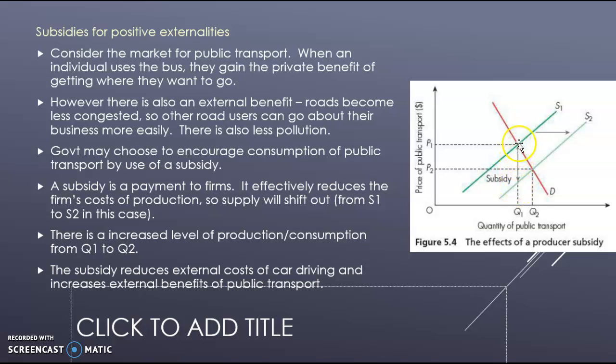Now, the vertical distance between the two supply curves here is the per unit value of that subsidy. So for every unit that the supplier sells at, say, this price P2, they get a subsidy to the value of the vertical distance between the two lines.